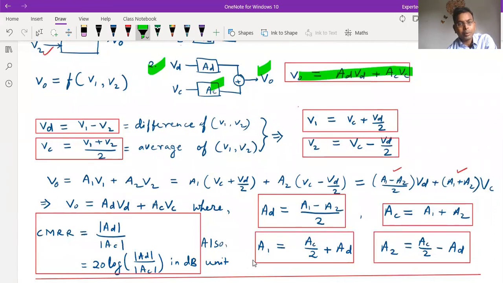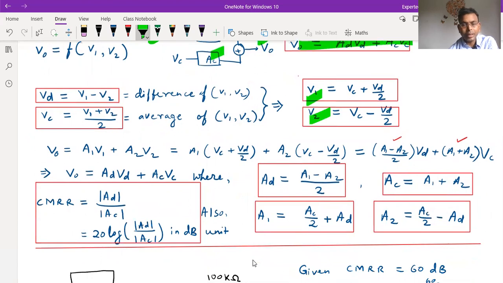By calculating back from these two equations, we can get V1 and V2 in terms of VC and VD. So V1 is VC plus VD by 2, and V2 is VC minus VD by 2. Now VO from the first model is A1 V1 plus A2 V2.